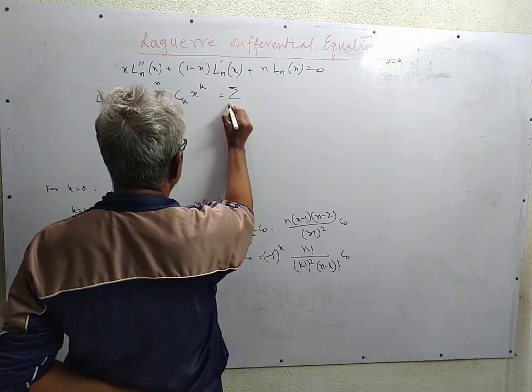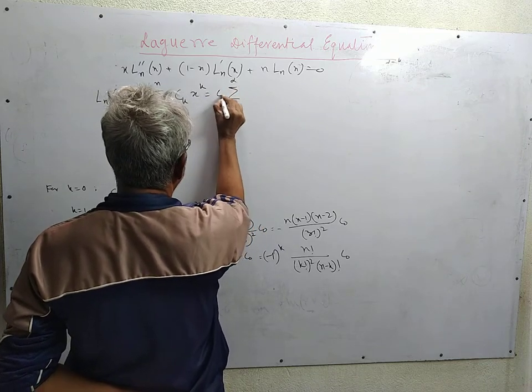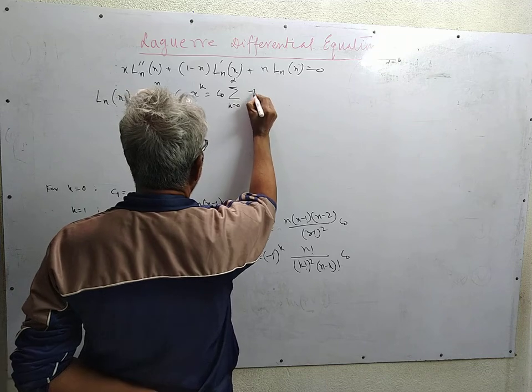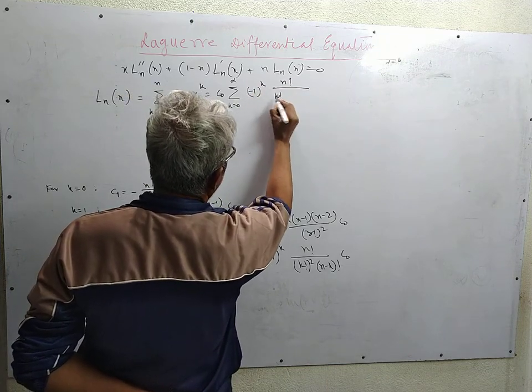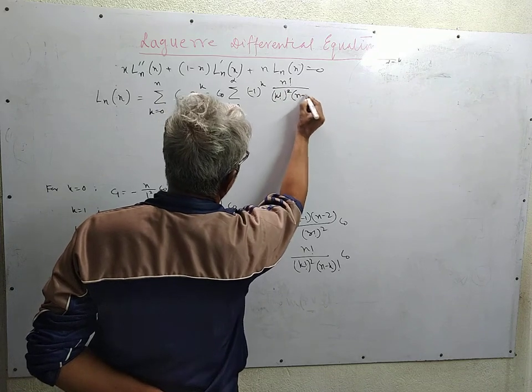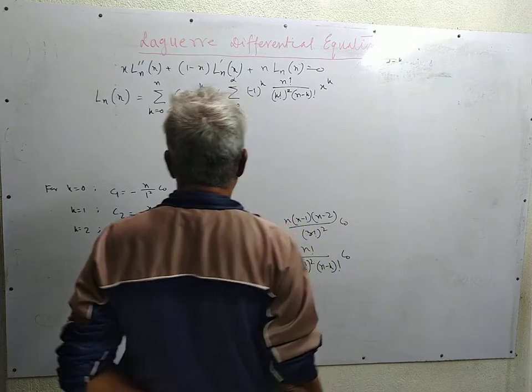So this is the sum over k, with c0 taken out, of minus 1 to the power k n factorial over k factorial square times n minus k factorial, times x to the power k.